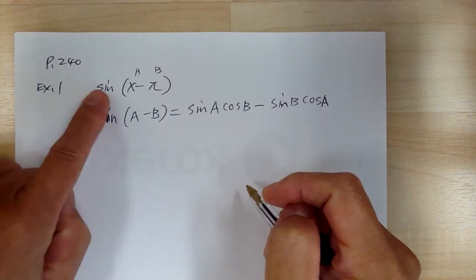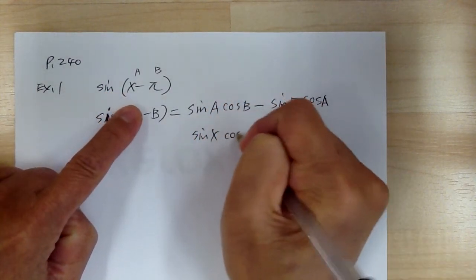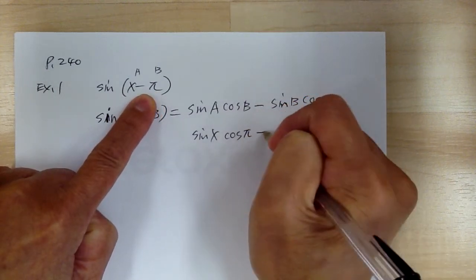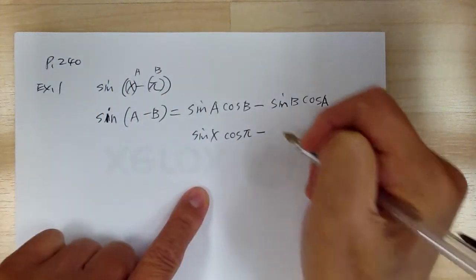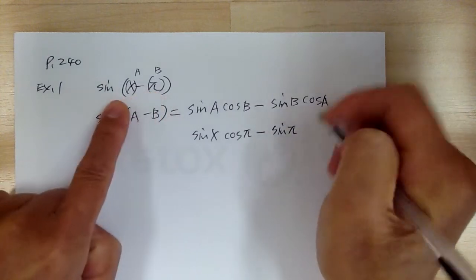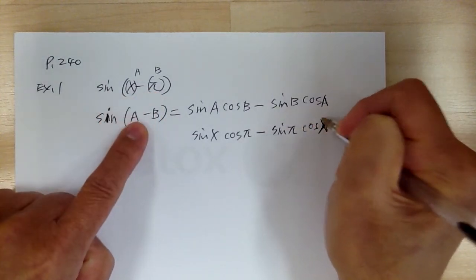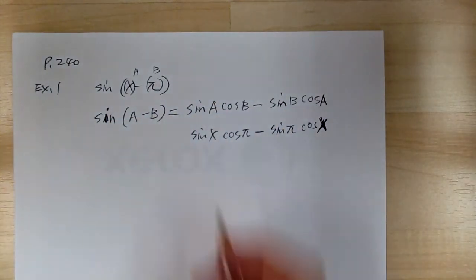So sine a would be sine x, cosine b would be cosine pi, minus, so that's your a, that's your b, right? So minus sine pi cosine a, cosine x.